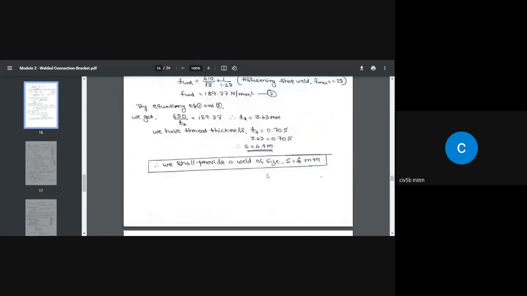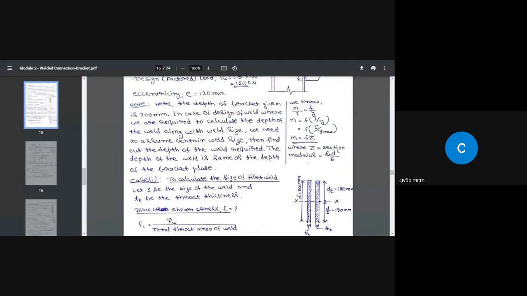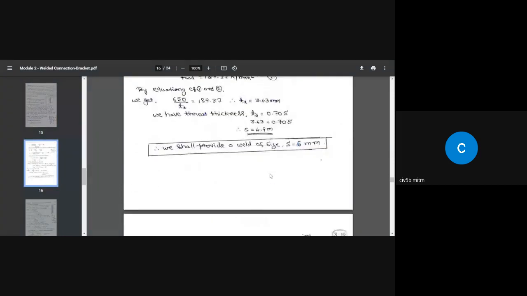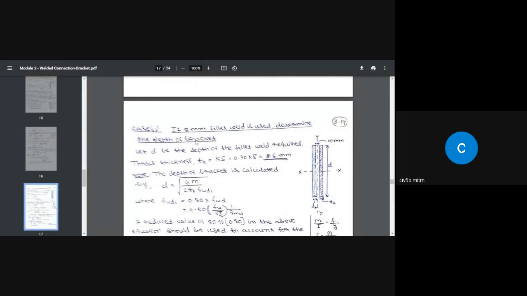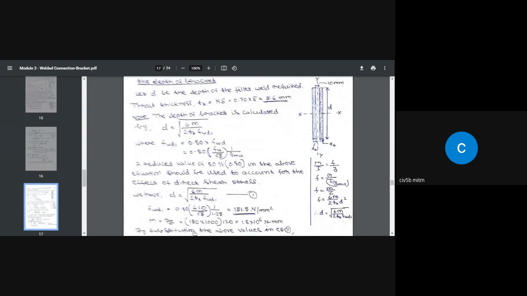Next, coming back to this, we dealt with 3 cases. So case 2, we can find out exactly the depth. I'm repeating case 2 by a second method. What is case 2? If you remember, if I go back, see here, case 2: if 8 mm fillet weld is used, determine the depth of the bracket. I have taken F_wd1 equal to 0.80 multiplied by F_wd to account for the effect of F1.